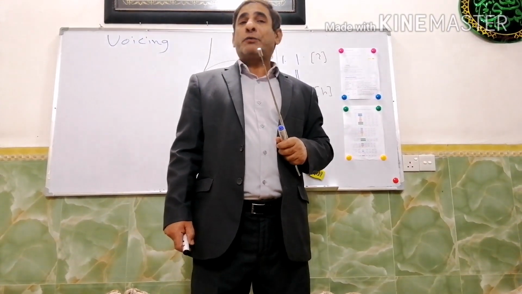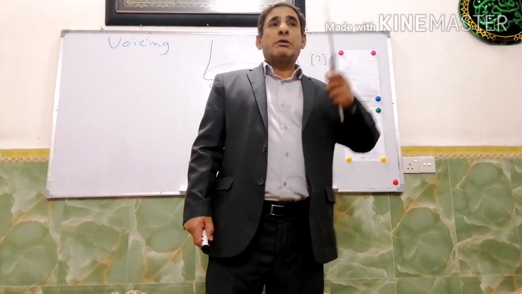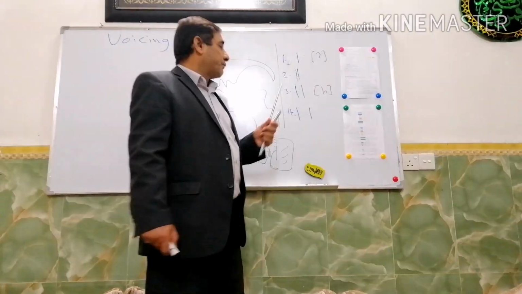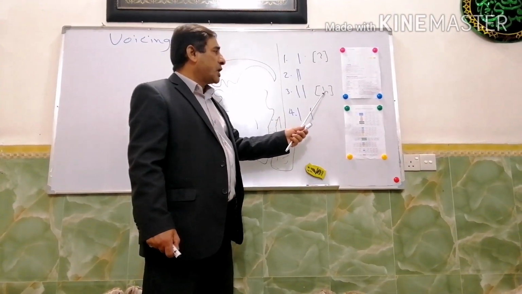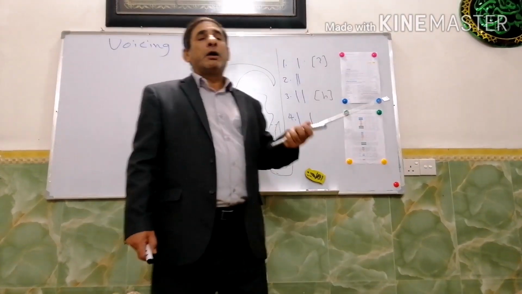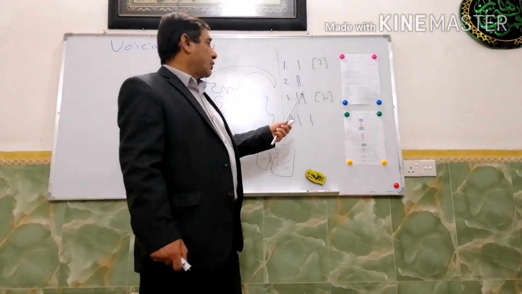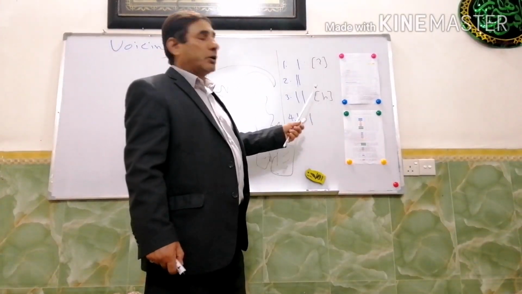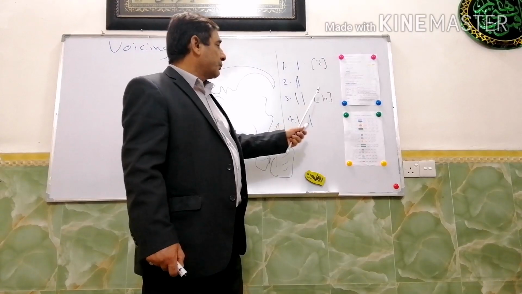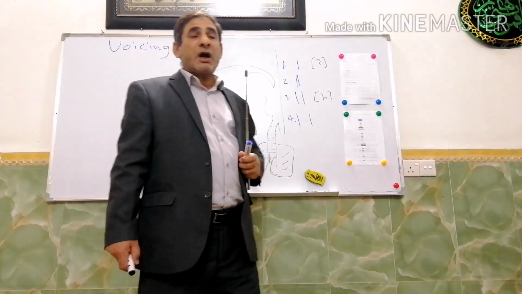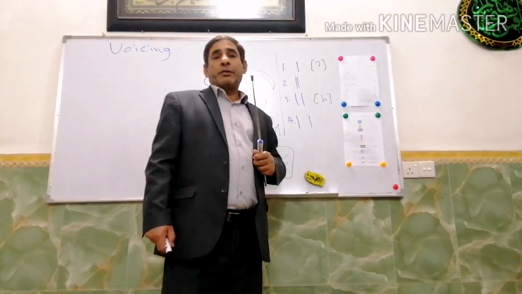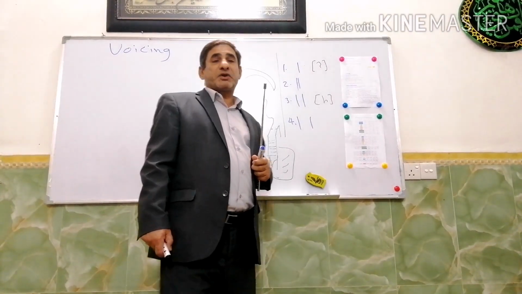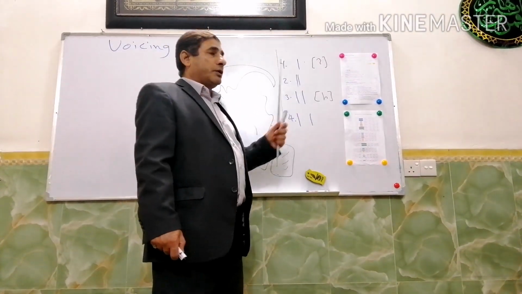It causes only friction. The only sound produced here in English is h. It's called glottal because it's produced at the glottis, and it's called fricative. So these are the four states of the glottis, or the four states of the vocal folds.